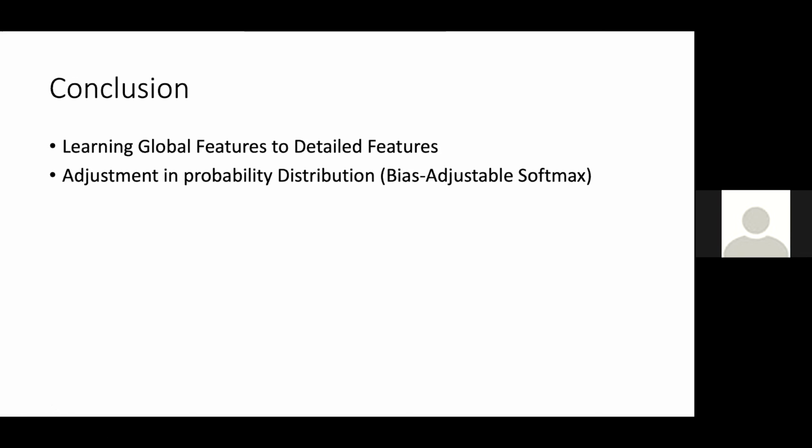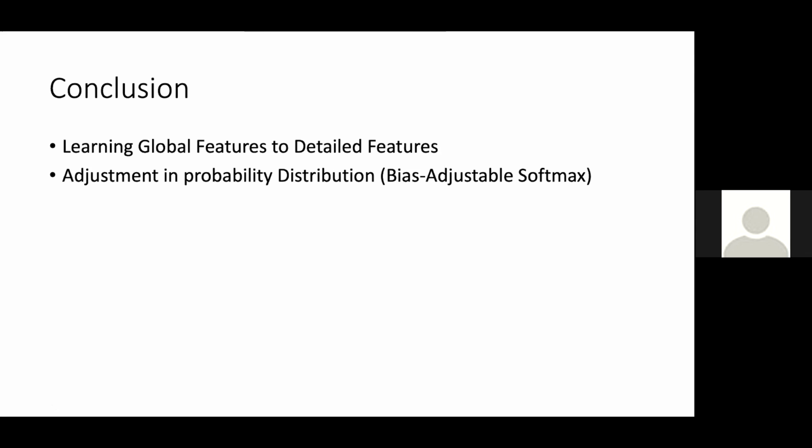From these experiments we concluded two things. One is that in some cases, especially where minute information and global information are important for us, it's better to train on global level features, and then gradually go to detailed features.